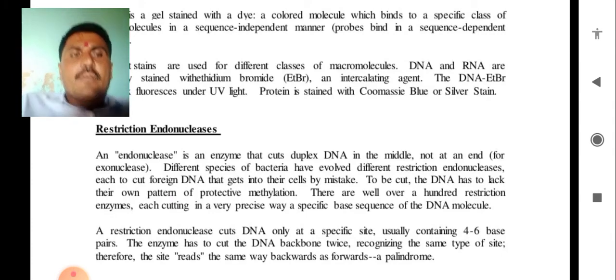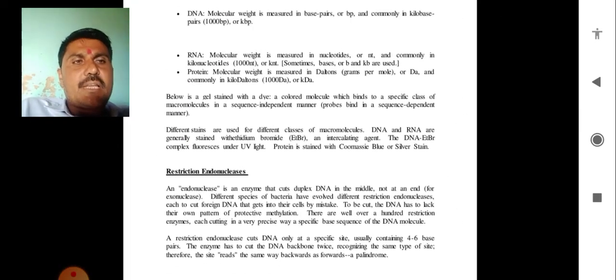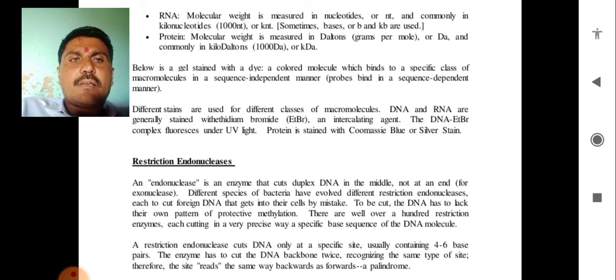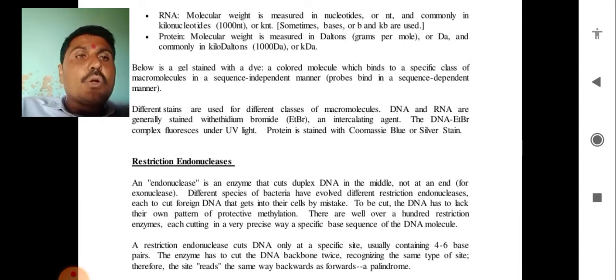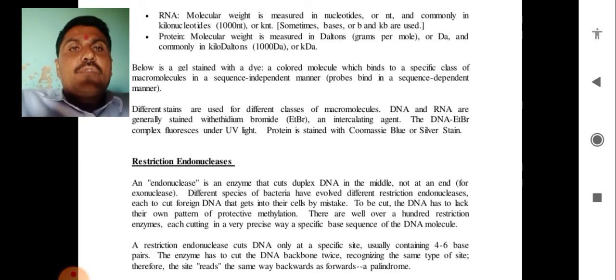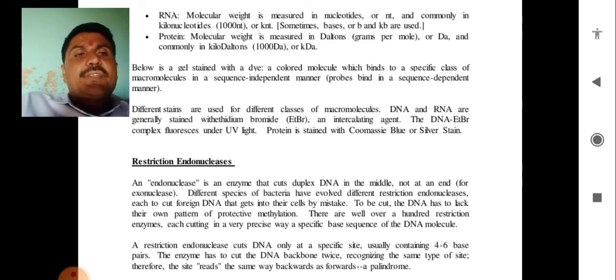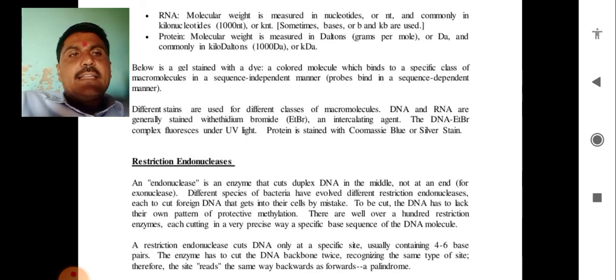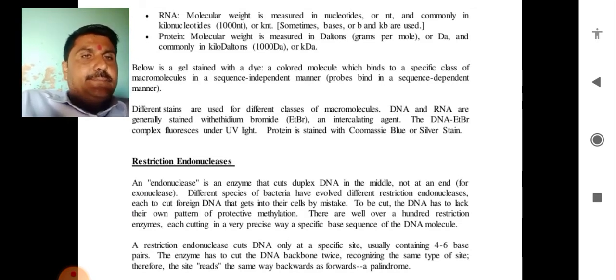Well, friends, this was about the restriction endonuclease. An endonuclease is an enzyme that cuts duplex DNA in the middle, not at an end. What is the work of this enzyme? The restriction endonuclease will cut the duplex DNA at a very specific site in the middle of the DNA.